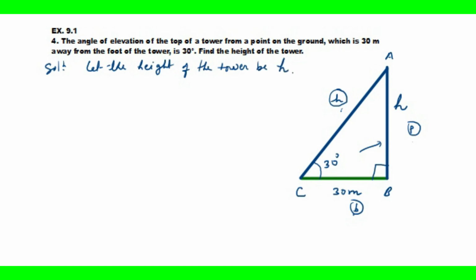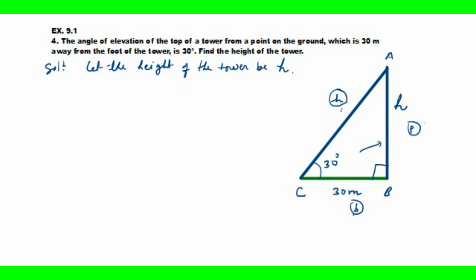Now to find the height of the tower, we have to see the ratio. As I told you earlier, here we have to find this height, and the value given is this. So this is the base and this is the perpendicular. What is the relation between base and perpendicular? We know the ratio relating base and perpendicular is tan.